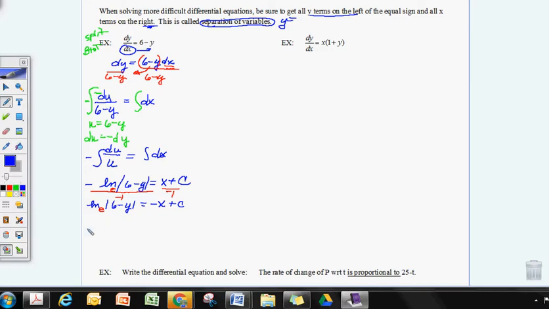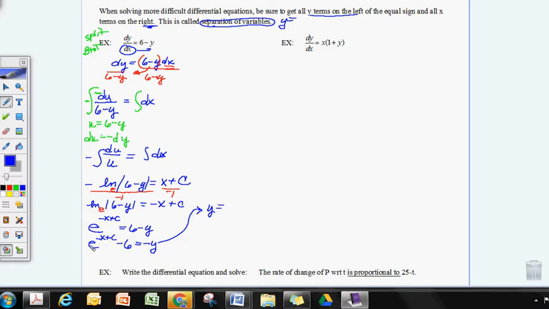Using my exponent rules, this becomes e raised to the negative x plus c power is going to equal 6 minus y, which then means if I get the y by itself, I'm going to have e raised to the negative x plus c, subtract 6, is going to equal negative y.